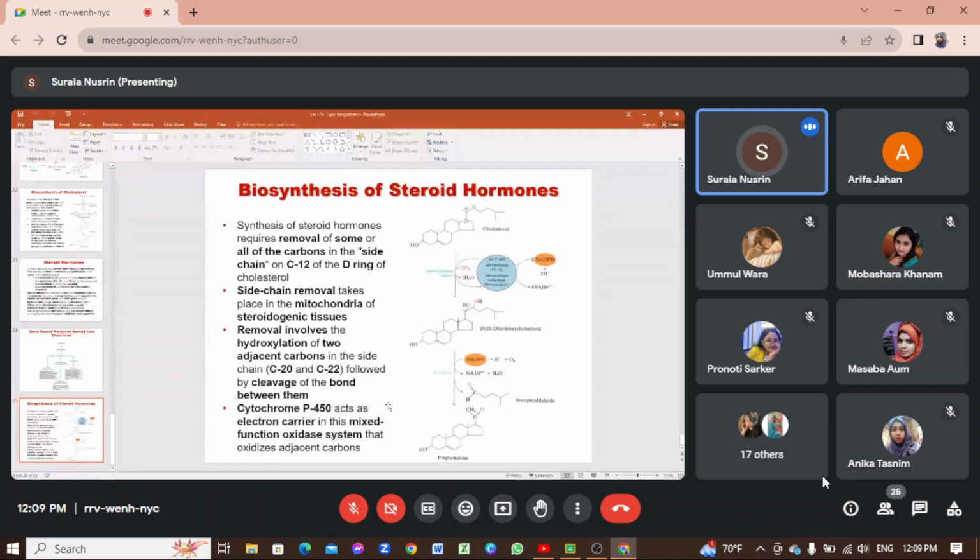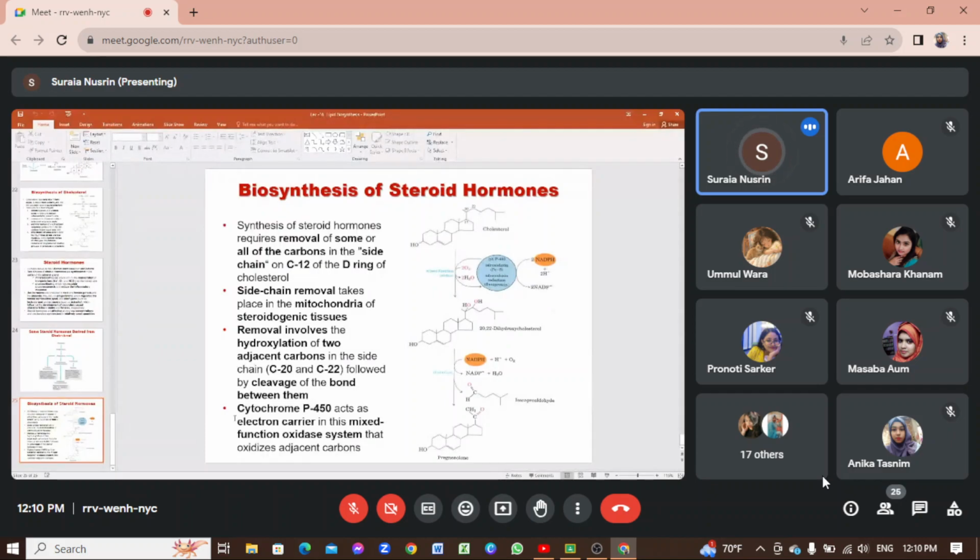That electron carrier is called cytochrome P450. Cytochrome P450 has the function of a mixed function oxidase. The electrons are delivered by NADPH, because this is also a biosynthesis pathway, and we already learned that in biosynthesis pathways, reducing power is provided by the cofactor NADPH.